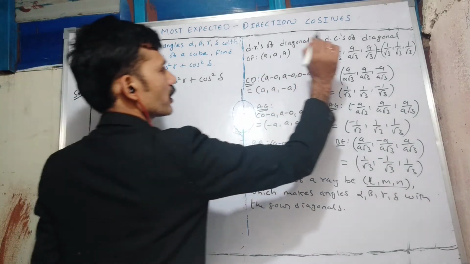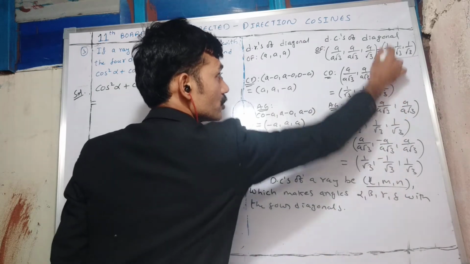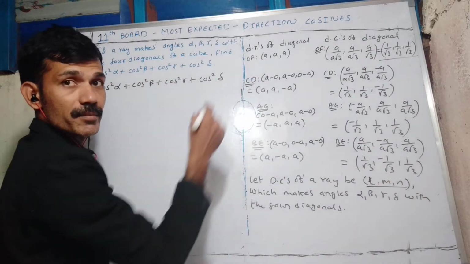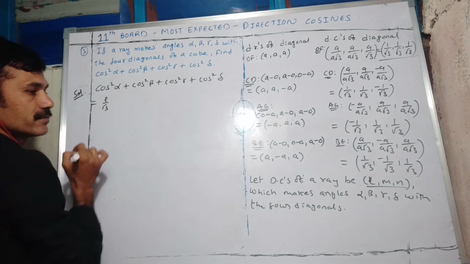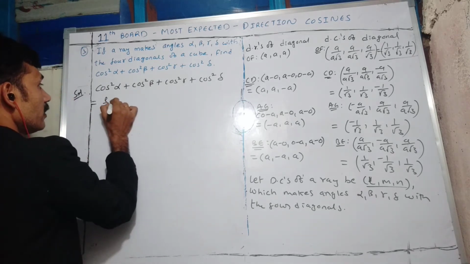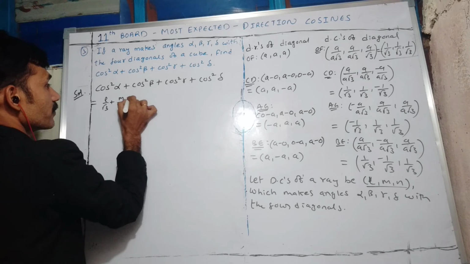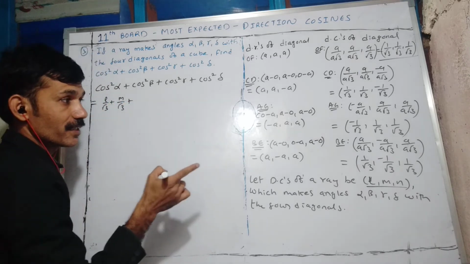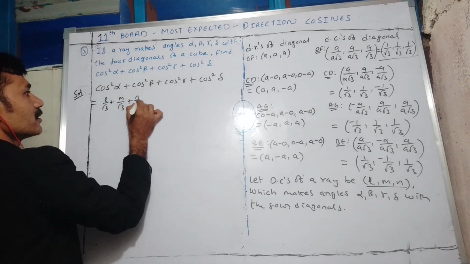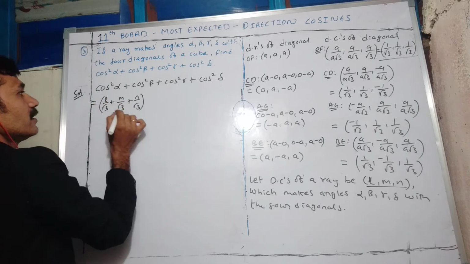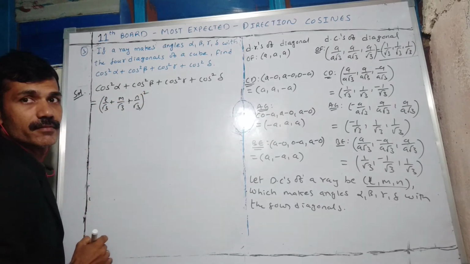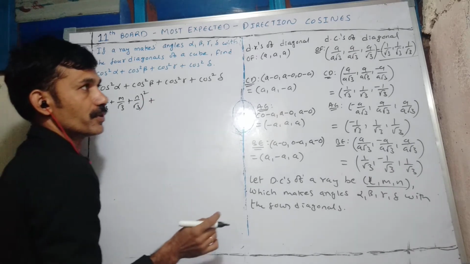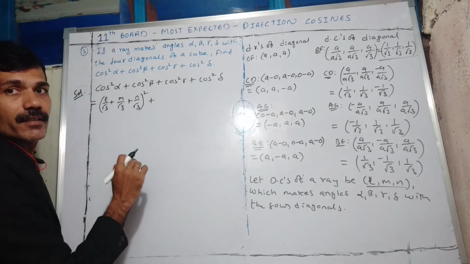Let us think of OF. So these two we have to multiply. L times 1 by root 3, so L by root 3 you will get. Next M times 1 by root 3. Next N times 1 by root 3. So this will give cos alpha. And here cos square alpha is there, so we have to square it. Now we'll find cos beta.